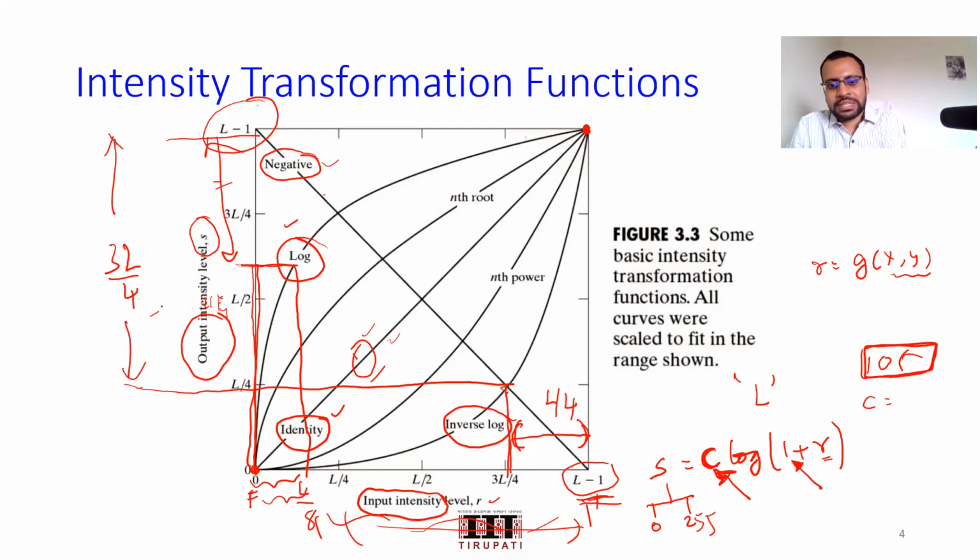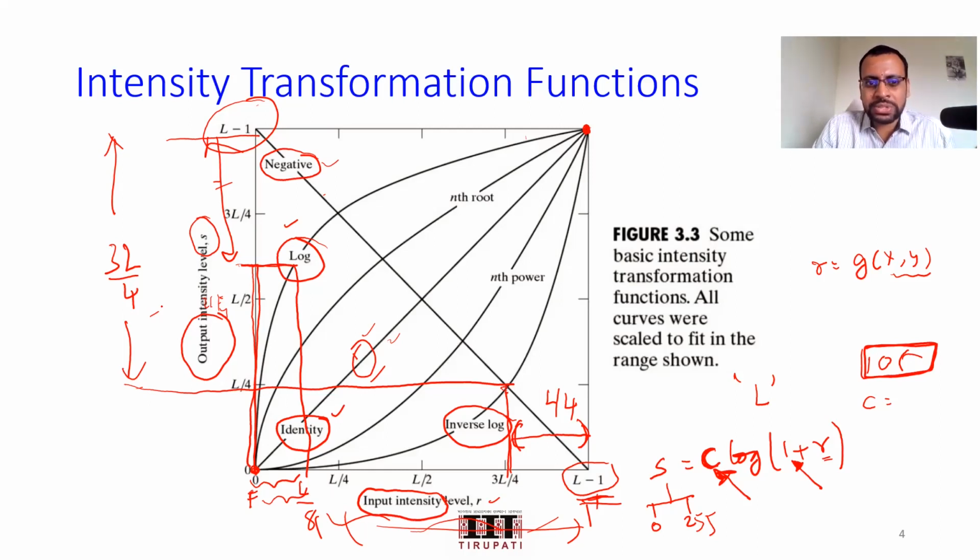In other words, the contrast of those pixels which are at the high intensity range has been enhanced in case of an inverse log, and in case of a log transformation, the contrast of those pixels that are lying in the low intensity range are getting enhanced.